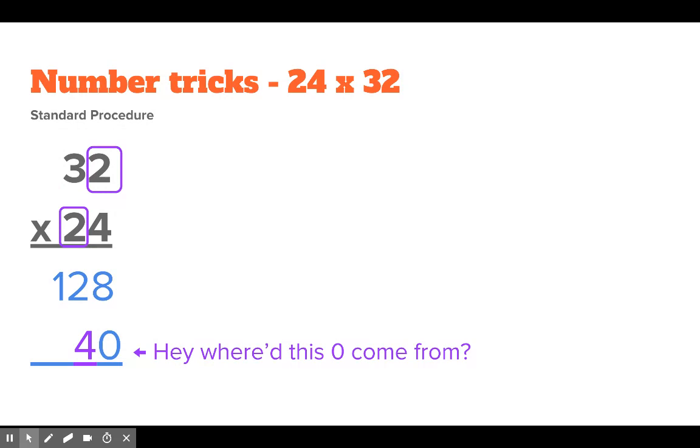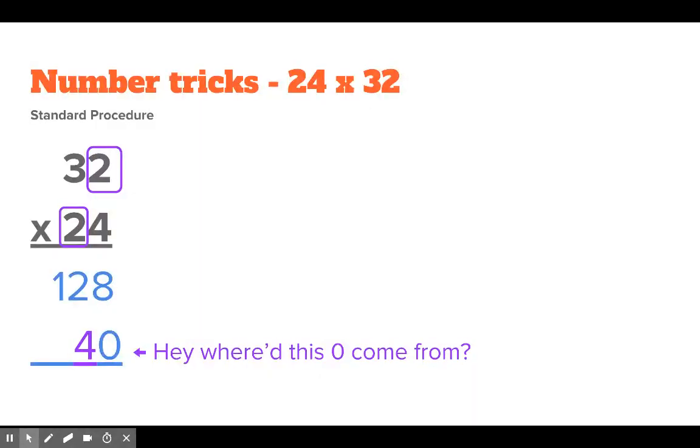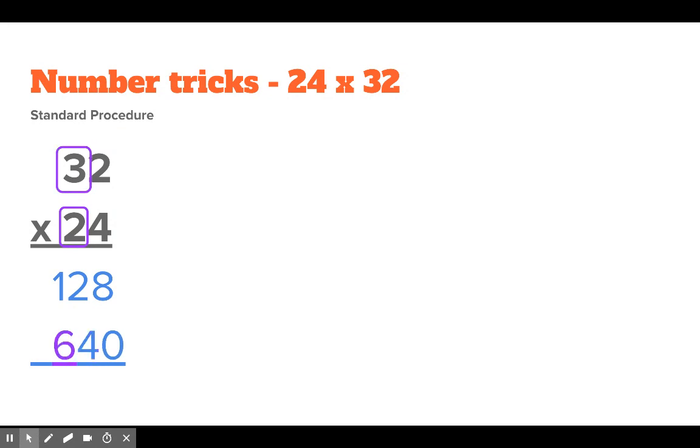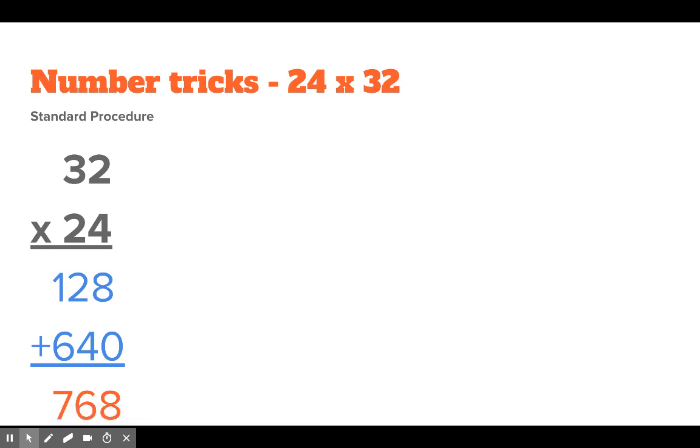I would then multiply the 2 times the 2, but I'd also add this little mystery 0 at the end as a placeholder so that I can make sure that my place values are in the right spot. And of course, the 2 times the 3. And that gives me two numbers, which I can then add together to come up with a final answer of 768.